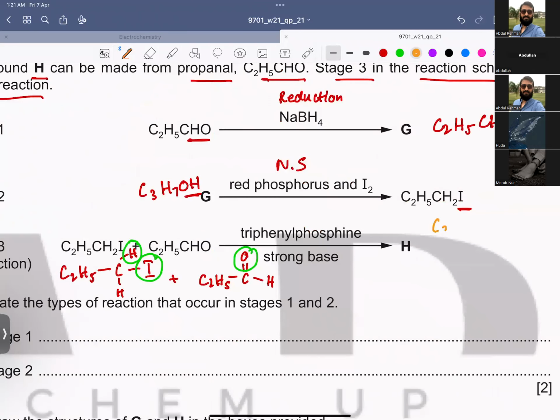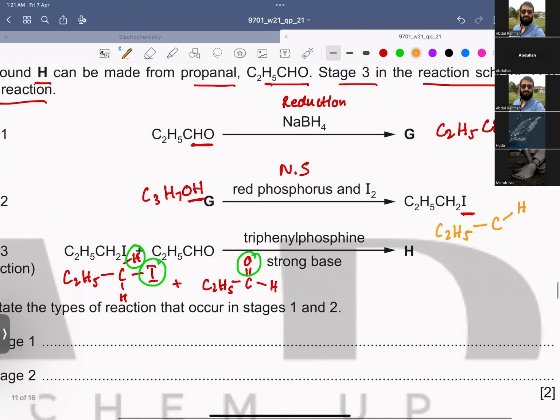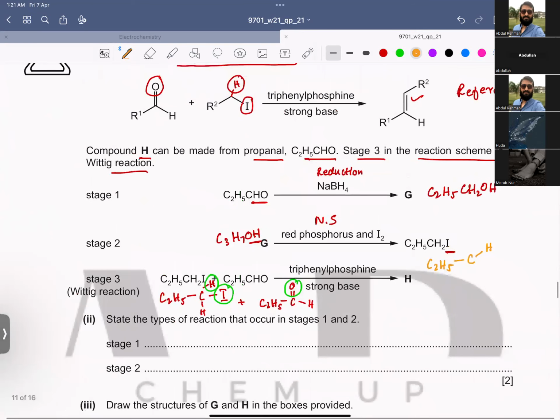We are left with C2H5 and a C that is bonded to one H, because one of the H and one of the I is removed. Then in aldehyde, we are left with C2H5 bonded to a C, and that C is also bonded to an H. And from the above reference equation, I can conclude there must be a carbon-carbon double bond over here.